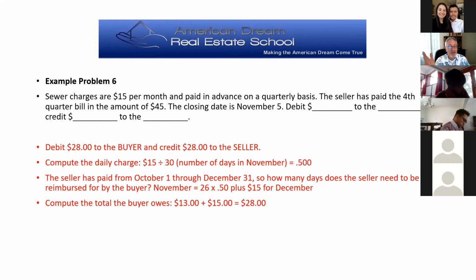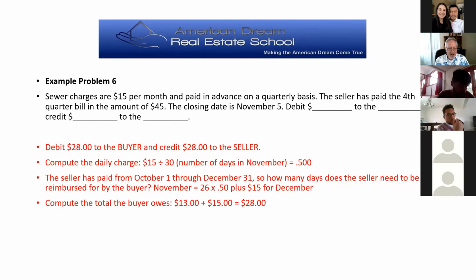All right, so you got to figure the seller paid all those days, but the seller was in the property all the way through November, up until November 5th. So he enjoyed the use of those sewer charges for October and 4 days of November that he paid for. But he's not going to enjoy the time from November 5th through the end of December.